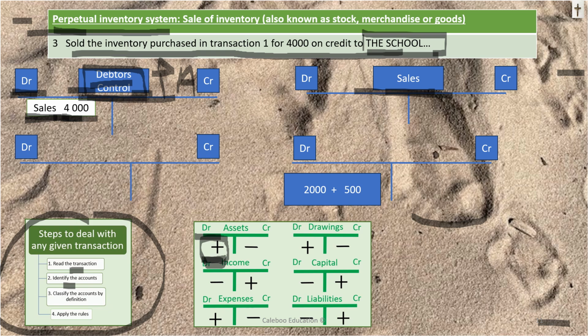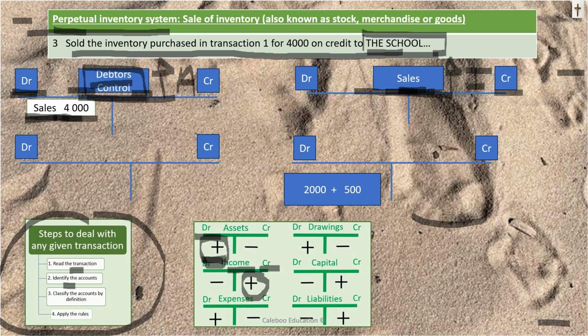So debtors control was debited. The account that is credited is sales. Now sales is classified as income, and there has been an increase in income, revenue, and the income rule says an increase in income, the account must be credited.